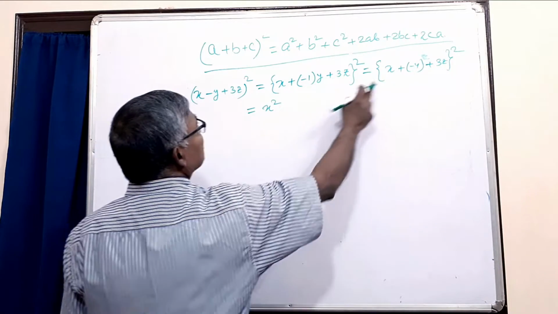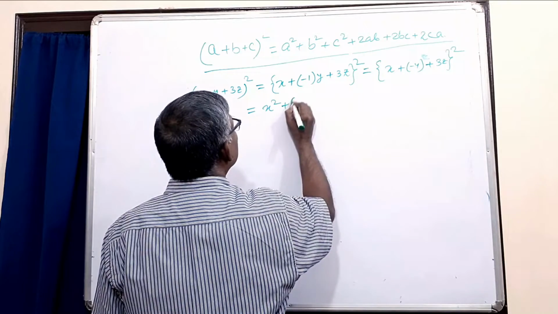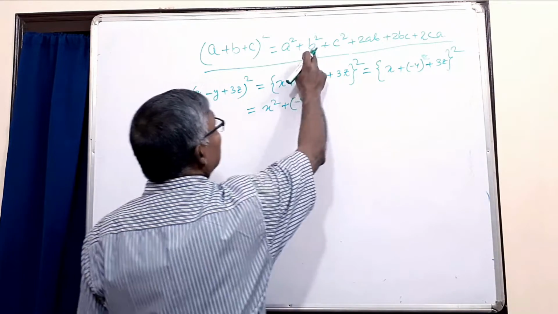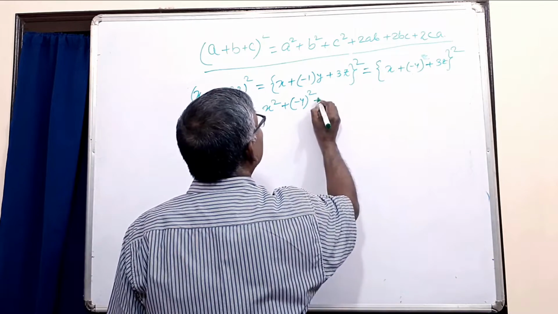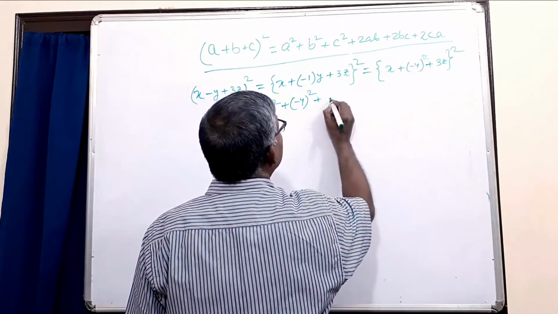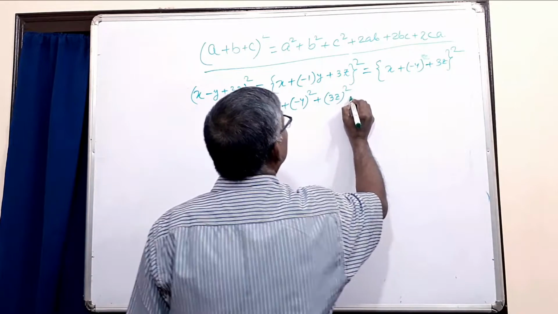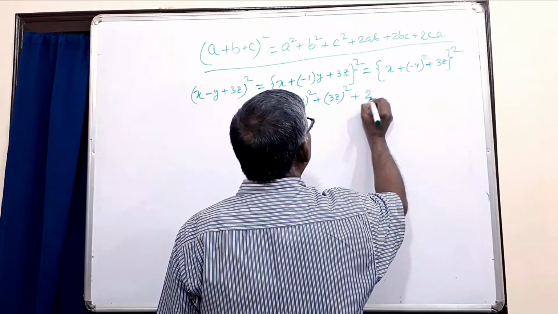So it will be x square plus b square, b means minus y, plus c means 3z whole square, plus 2 into ab.